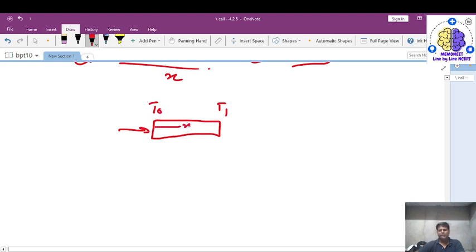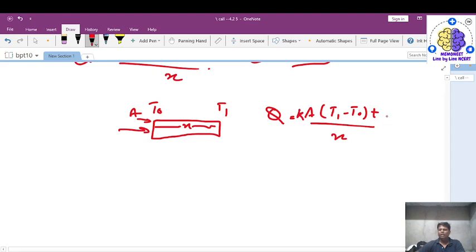This distance is x, and the face from where we are heating has a cross-section area A. Then the amount of heat supplied is given as A into (T1 minus T naught) into T, that is the time for which the heat is being supplied, upon x, and into K, the coefficient of thermal conductivity. Now, if I take T from here to the denominator, what will happen?